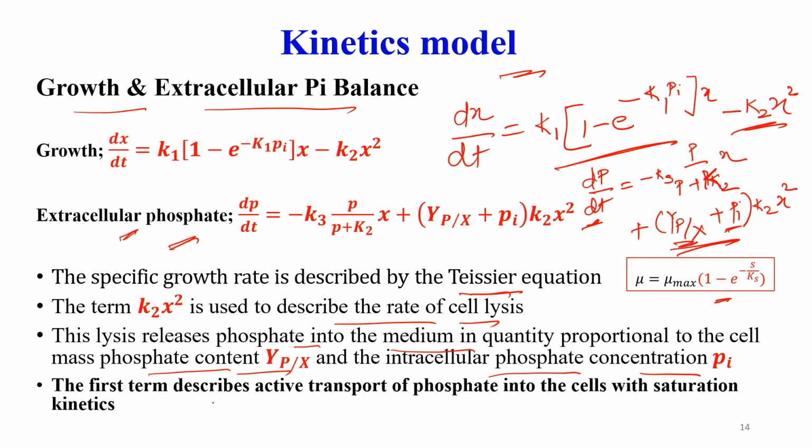In addition, the first term describes the active transport of phosphate into the cell with saturation kinetics. This is a typical equation for saturation kinetics. After a certain concentration it will reach a plateau.